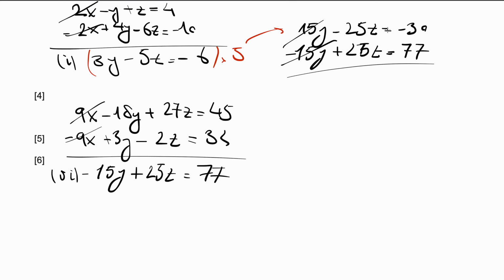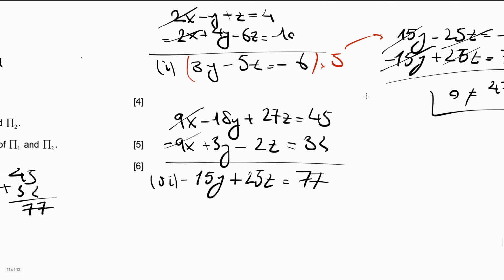Interesting. So 0 is definitely not equal to 47. So through this you can say that the three planes do not intersect.